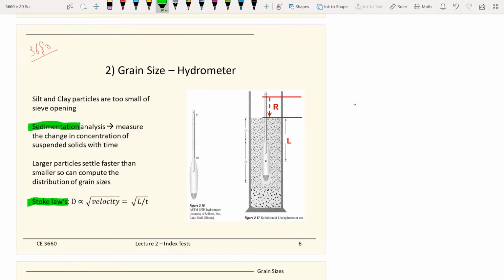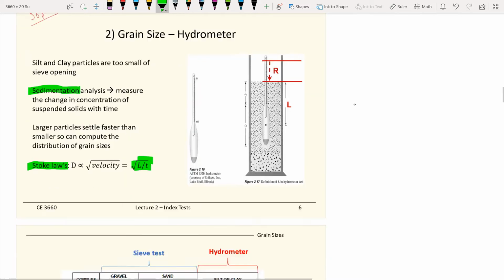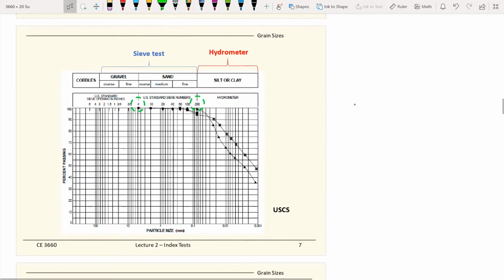So the length divided by time right there. If we can measure those two terms, then we can calculate the diameters. So that's the concept of the hydrometer. That's why I ask this class to understand this concept and also why we need to do it. It's because the particles are too small to physically use a sieve to determine the particle size, and the particle size is the key.